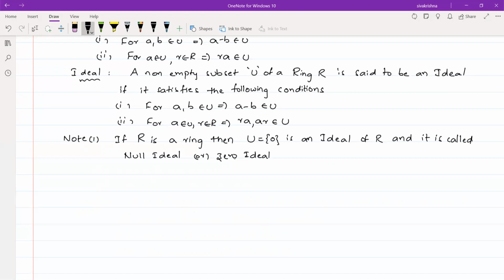Okay, this is note 1. So if R is a ring, then clearly the single term set 0 is an ideal of capital R. So we call that ideal a null ideal or zero ideal.